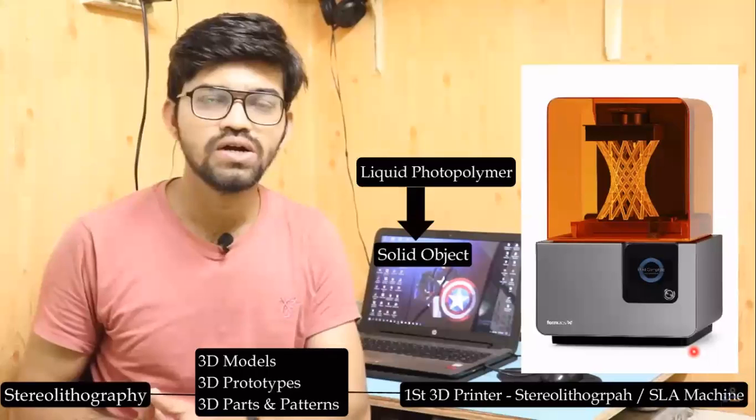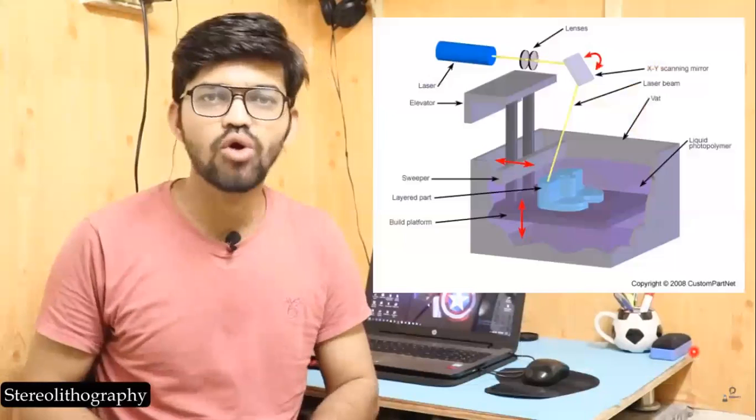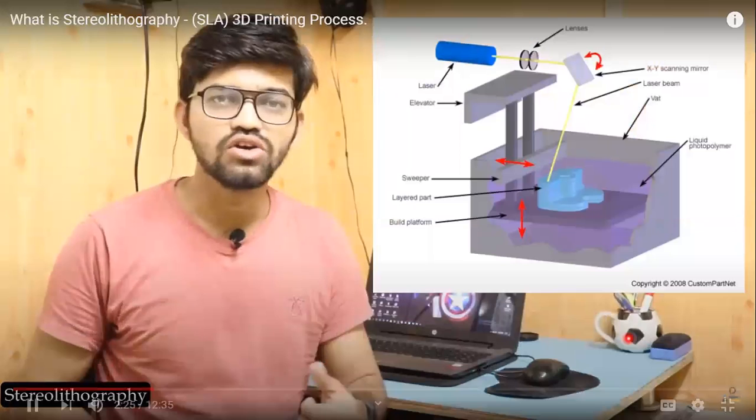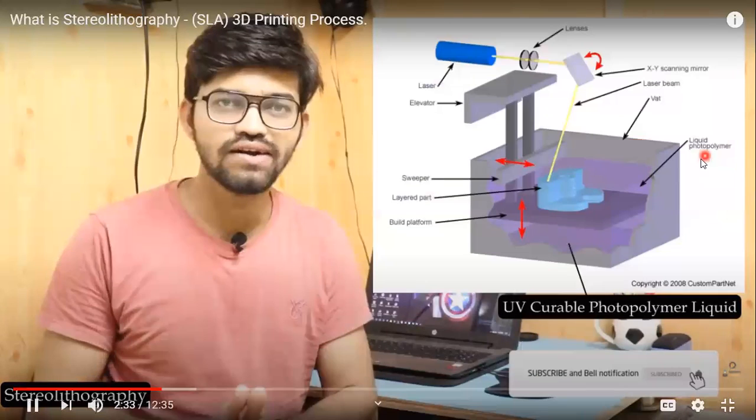So guys, let us understand the actual process of stereolithography and how parts are manufactured using it. In this case there are four important parts. The UV curable photopolymer resin, filled in liquid form, which we can call liquid plastic, in the tank.